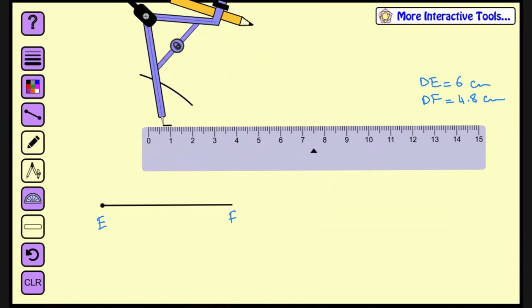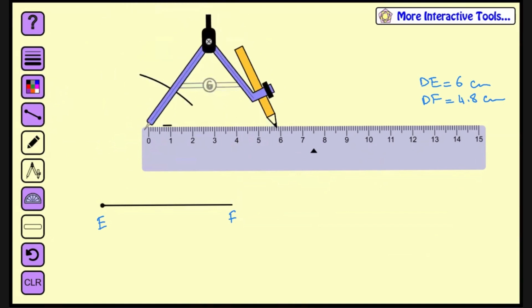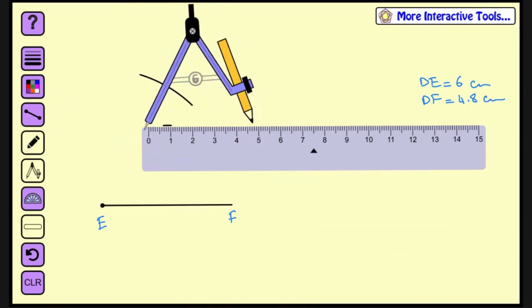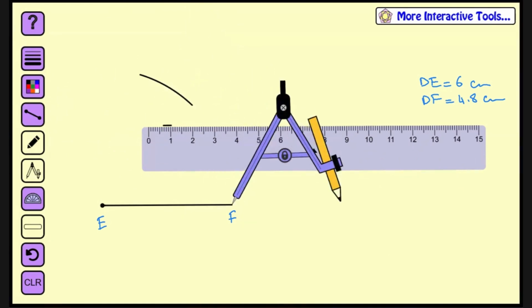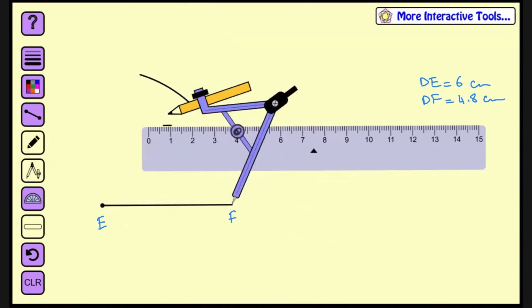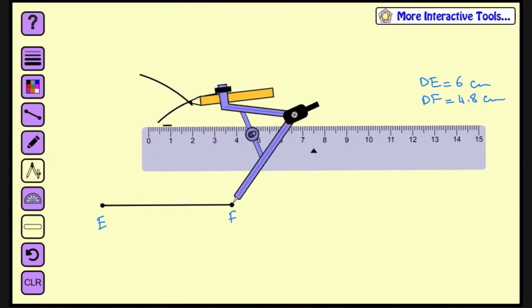Then for the other point, we now open this to 4.8 centimeters. Now bring it to point F and draw another arc.